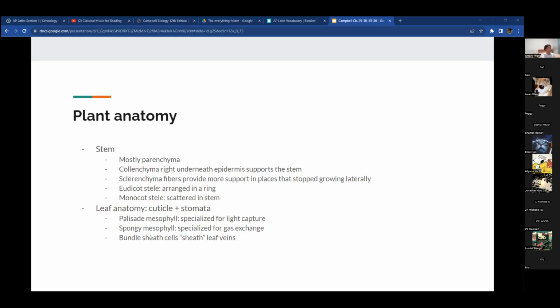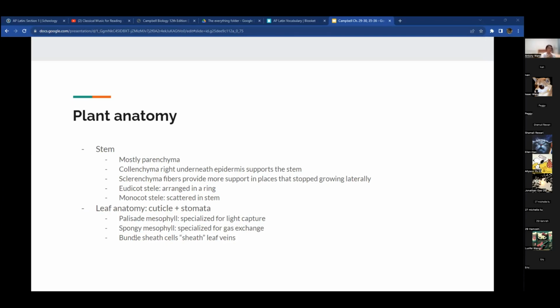Then you have the leaf anatomy, cuticle and stomata. The leaf has 2 types of ground tissue: the palisade mesophyll and the spongy mesophyll, right? The palisade mesophyll is the top layer of the leaf, and light hits this layer first, and it's specialized for absorbing light.